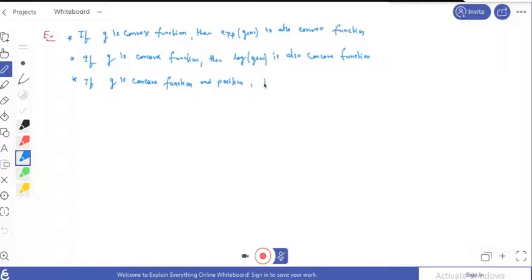then what about 1 over g(x)? 1 over g(x) is convex.